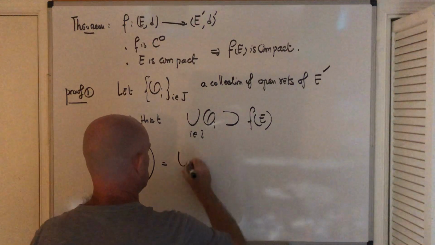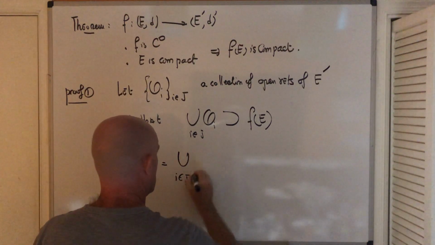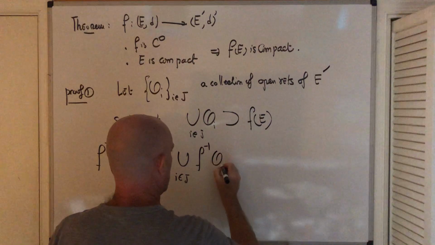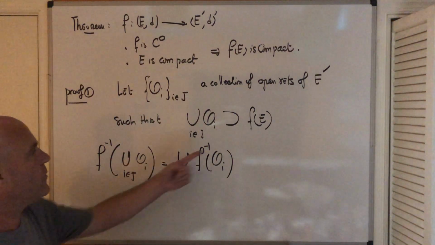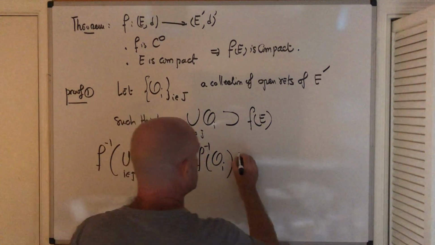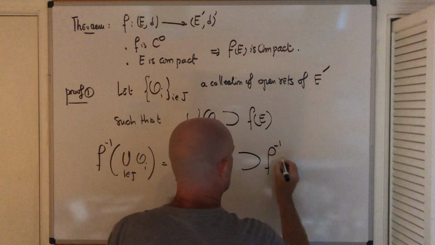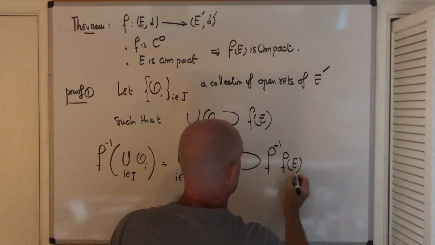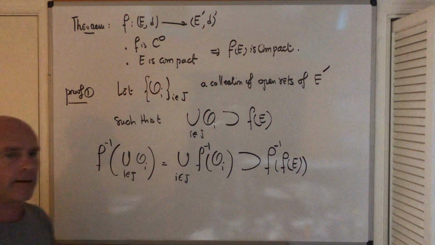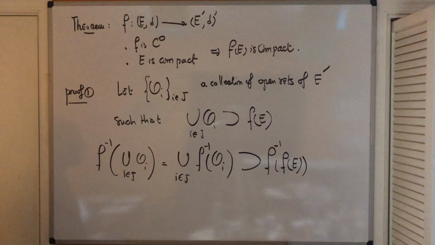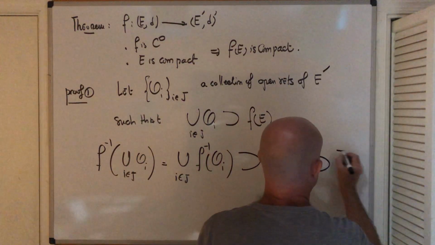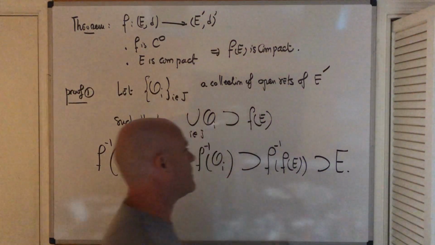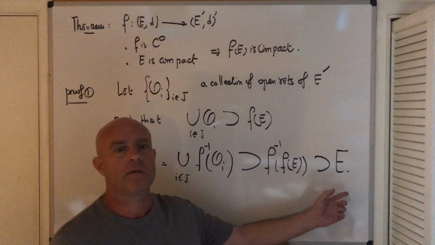So this is equal to the union, i belonging to J, of f^{-1}(O_i). And because this set was covering f of E, this definitely covers f^{-1}(f(E)), which definitely covers E itself. I mean, f^{-1}(f(E)) always contains E, for sure.